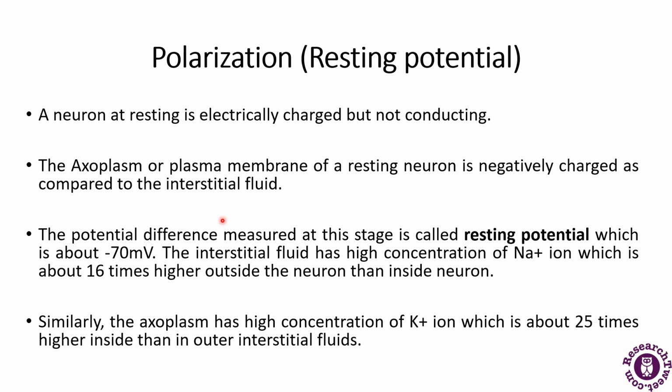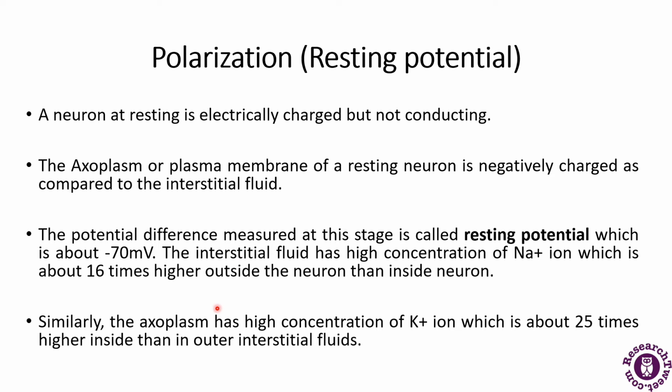Now, the first stage is the resting potential, which is known as the polarization stage. In this, a neuron at rest is electrically charged, but it is not conducting. The plasma membrane or axoplasm, which is part of the neuron, is negatively charged as compared to the interstitial fluid.